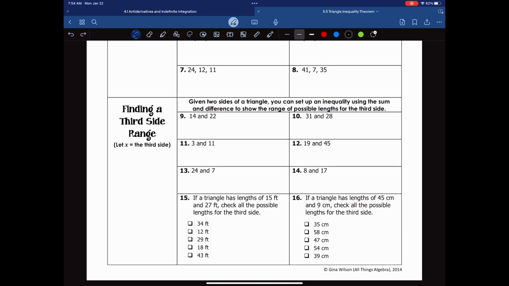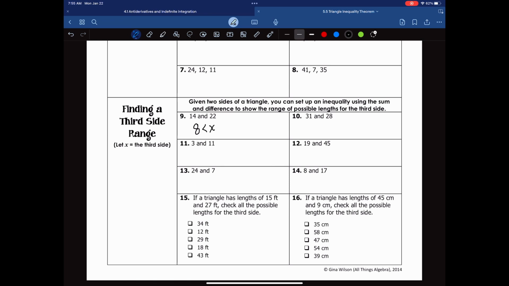So what we're going to do is find the difference between these two side lengths. If we subtract 22 minus 14, that's 8, right? So 8 is the smallest it can be. I can't go to 8 or smaller. That is my lower cutoff. I can't go any lower than that. We call that a lower bound.